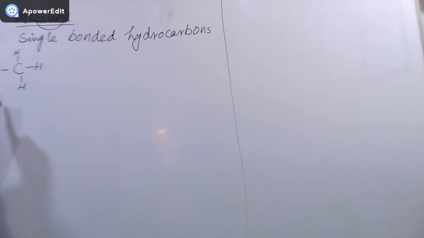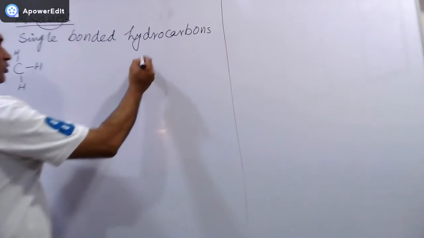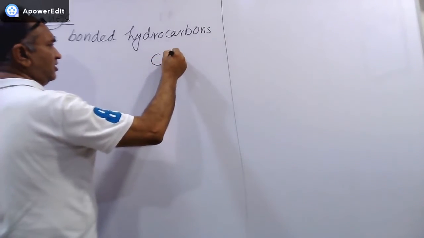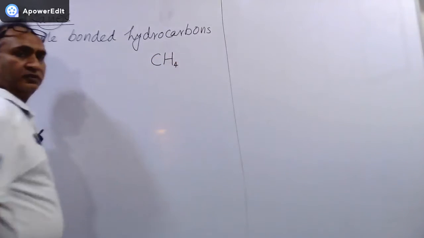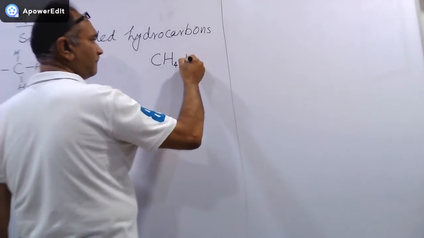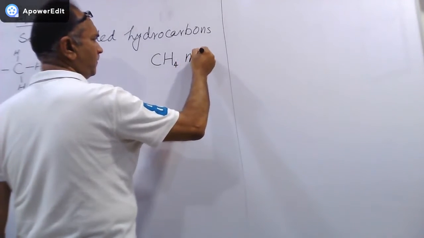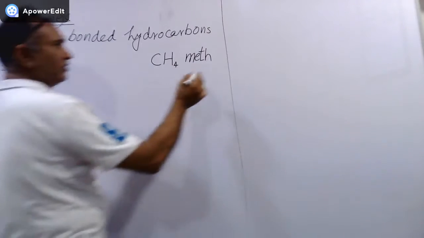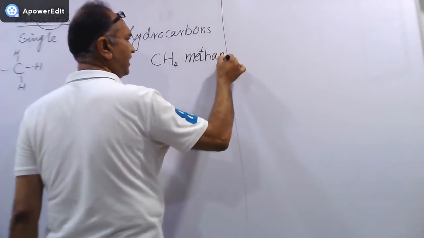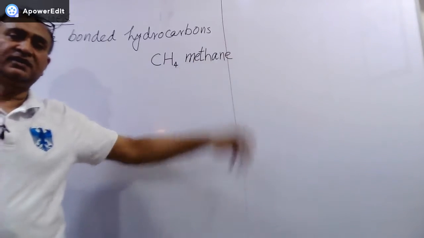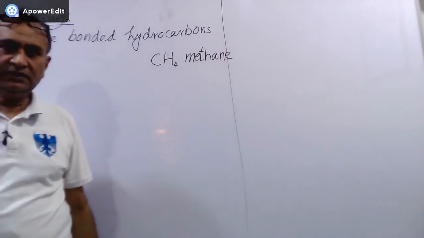How many hydrogens? 4. So we can write CH4. And what is the prefix for one carbon? Meth. And since we have only a single bond, we write ane. So what would be its full name? Methane, right?